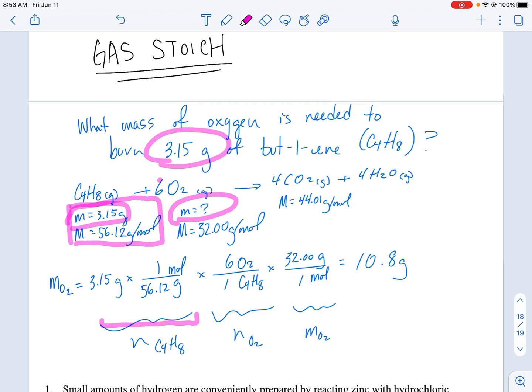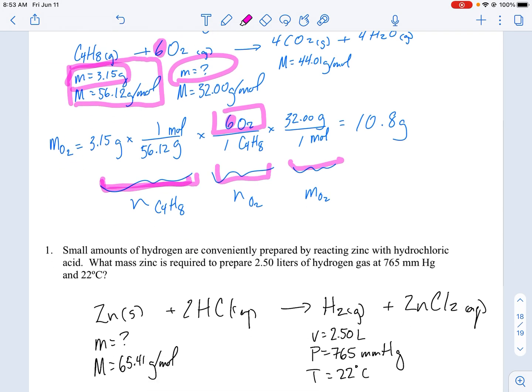Then I need to convert to the number of moles of chemical that I want, and then I can find the mass. So it's always going to be number of moles from what I was given, number of moles of what I want to find, and then the mass of what I'm trying to calculate. This is the pattern for every stoich question.